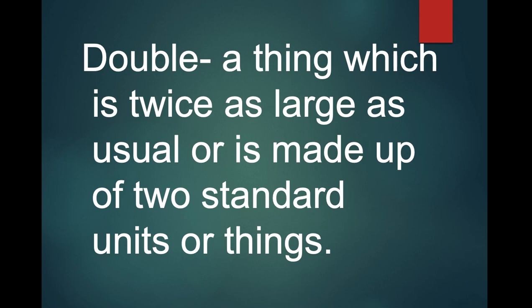Like if I have one object, the double means it will be 2 and it is more in quantity than the one object. So double, a thing which is twice, that is 2 times as large as usual, or is made up of two standard things.